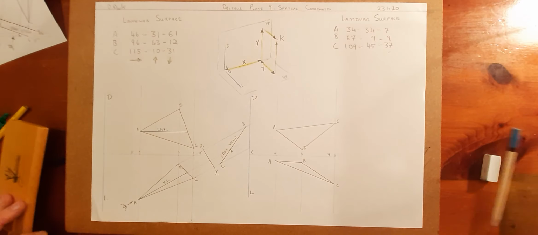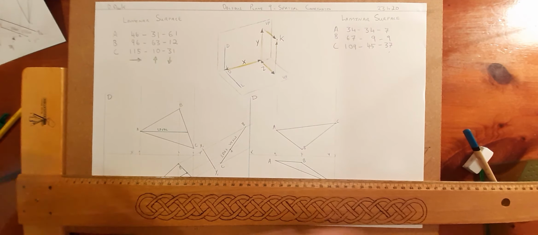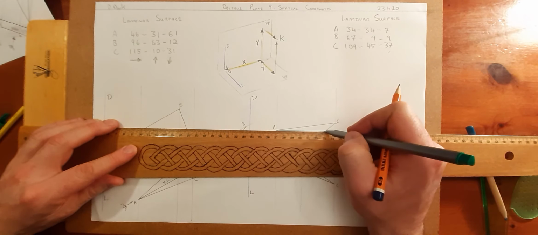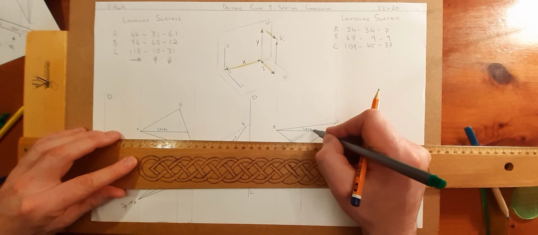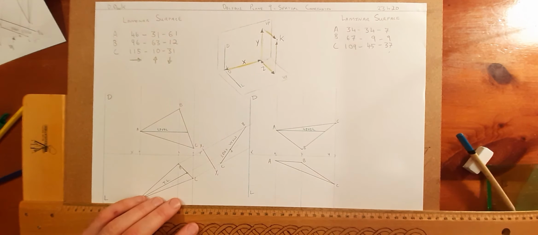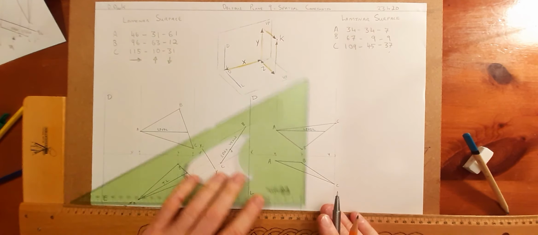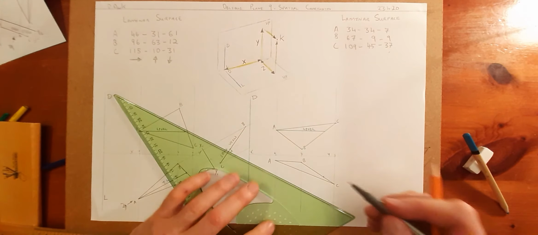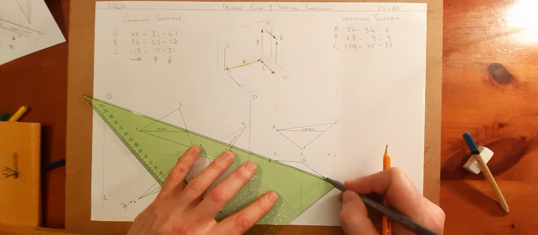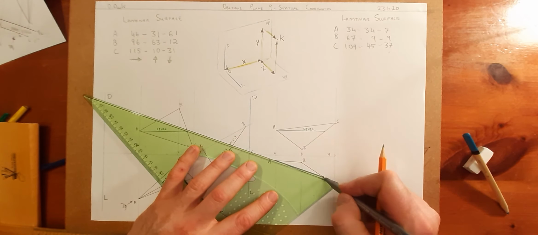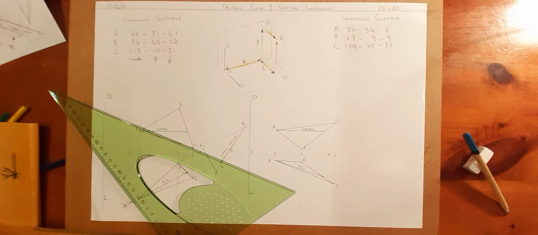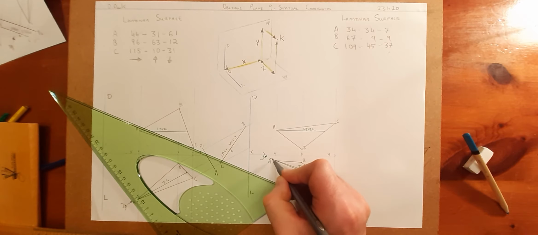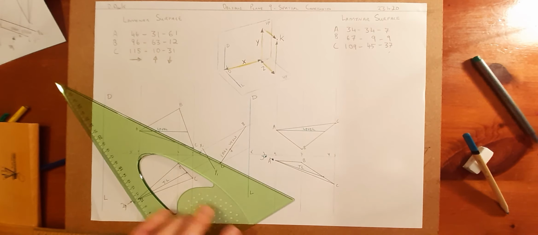Now we'll do the same thing again. To save us taking an extra auxiliary, we'll take a level line. Drop that down. And that's our true length. So now we can look along that true length. And we can see this plane or laminar as an edge view.